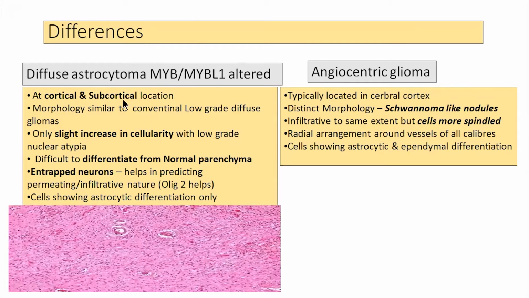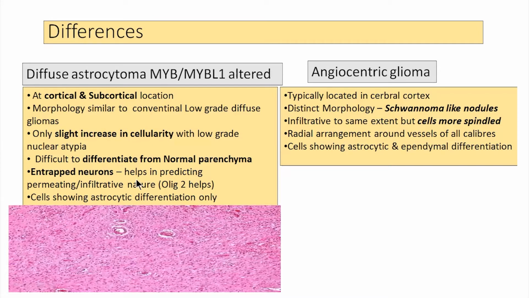They are located at cortical and subcortical locations, while angiocentric gliomas are located typically in the cerebral cortex, as we saw in our case. Diffuse astrocytomas have morphology similar to conventional low-grade diffuse gliomas, while angiocentric gliomas have distinct morphology with schwannoma-like nodules. They have only a slight increase in cellularity with low-grade nuclear atypia. Sometimes they become difficult to differentiate from normal parenchyma.